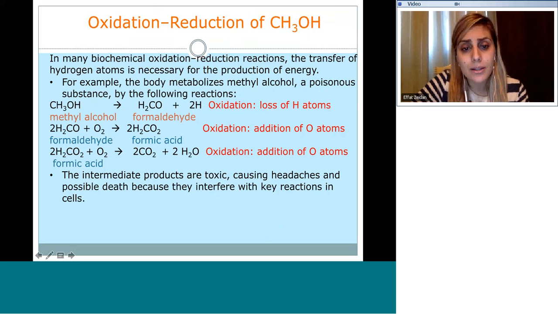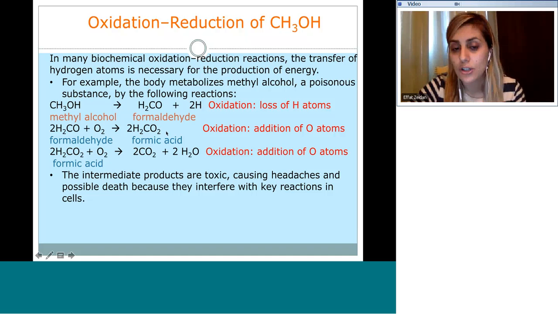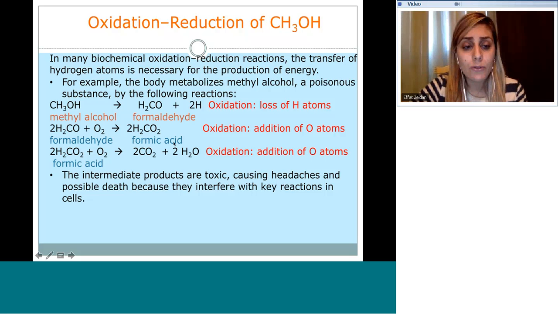Formaldehyde plus oxygen becomes formic acid. It has gained an oxygen atom. You can see how oxygen combined with formaldehyde to give us formic acid. So it gained an oxygen. Gaining an oxygen means it is an oxidation reaction as well. Formic acid plus oxygen gave us 2CO2 plus 2H2O. So again, oxygen is added to this compound, and this is an oxidation reaction.